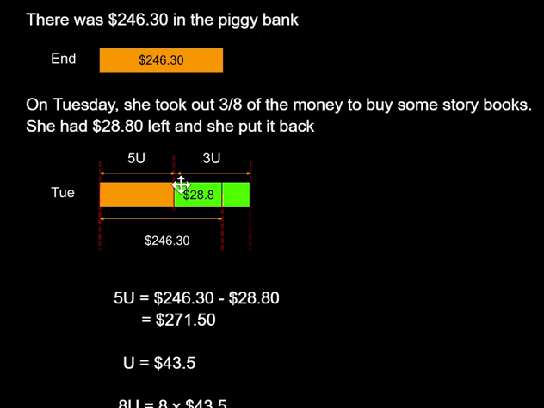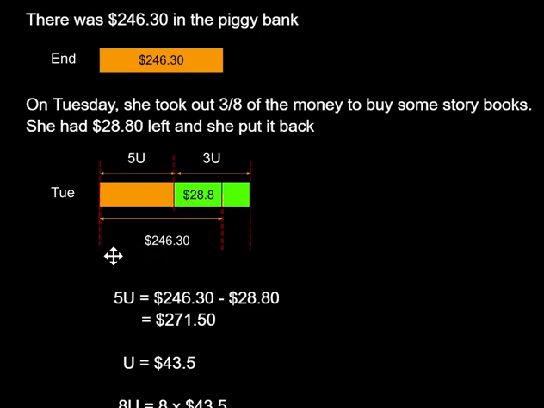This is the 3/8 of the money that she took out, which includes the $28.80. You need to be very clear on this part. The money that she took out includes the $28.80 because she used it to buy some storybooks. Later on, this is what she had left and put back. So the $28.80 is part of the 3 units.